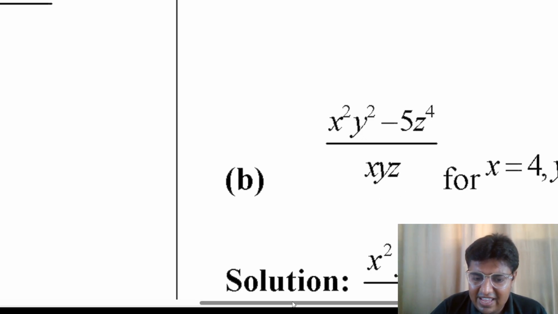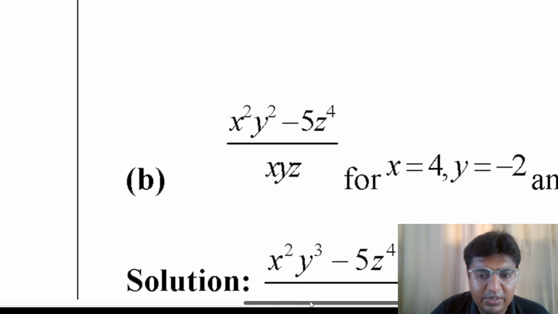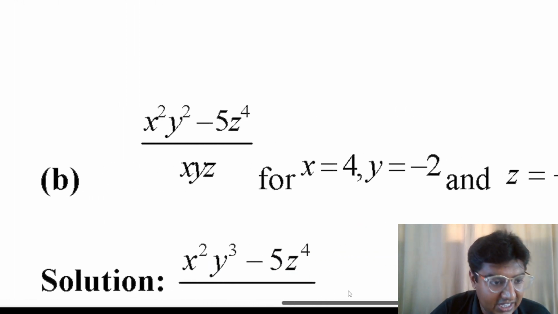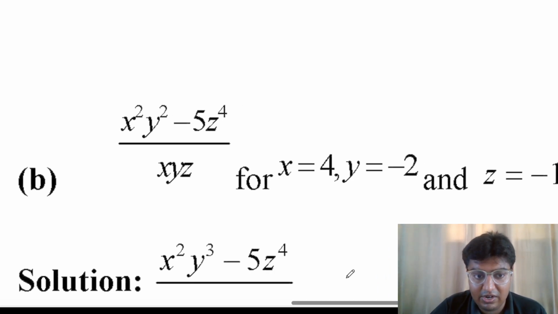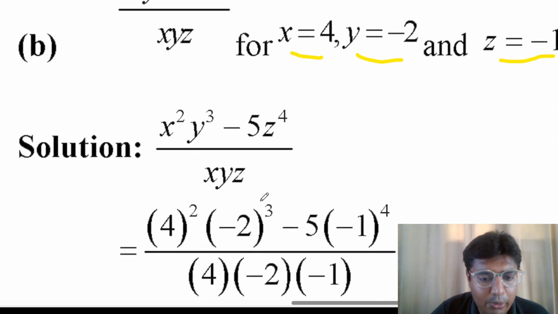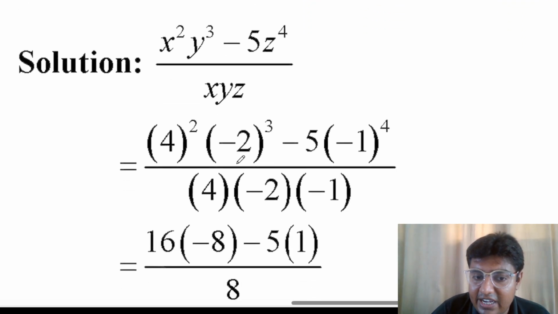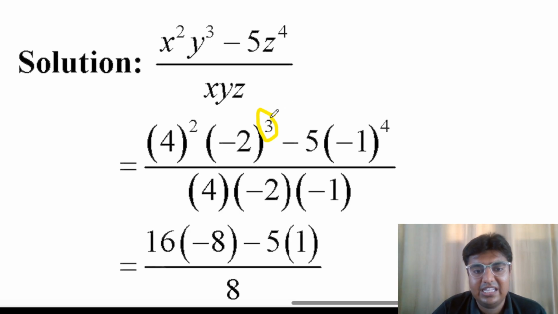In part B as well, the values are given and you have to just put the values, but be very careful about this. X equals 4, y equals -2, z equals -1. Just put the values. Be careful. -2 power 3 means a negative number, the power is odd, so the answer of this particular term is negative.